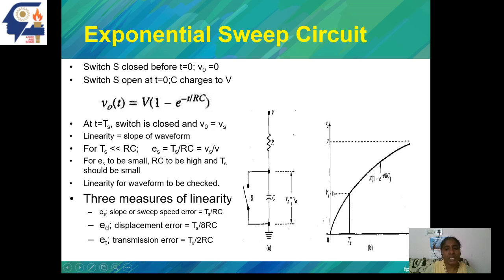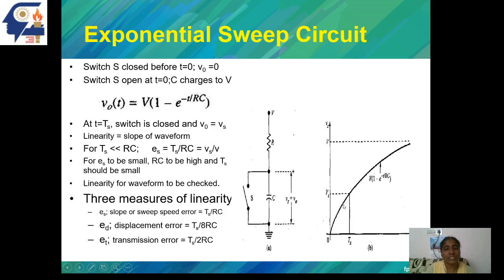Now we are making a comparison of this Vs and V, and hence Vs divided by V represents the linearity or the slope of the waveform for the period where the switch is kept open.